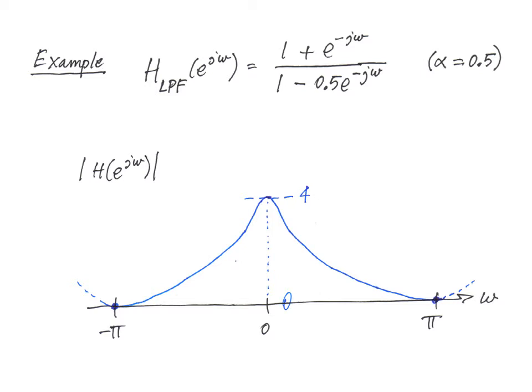This spectrum peaks up at 4, so it actually has a gain factor of 4 at DC, at 0 frequency, and then it drops down to exactly 0 at pi and minus pi. And then in between there's a gradual transition. There is not a sudden transition as the ideal low-pass filter would have with a rectangular pulse that's centered at 0.